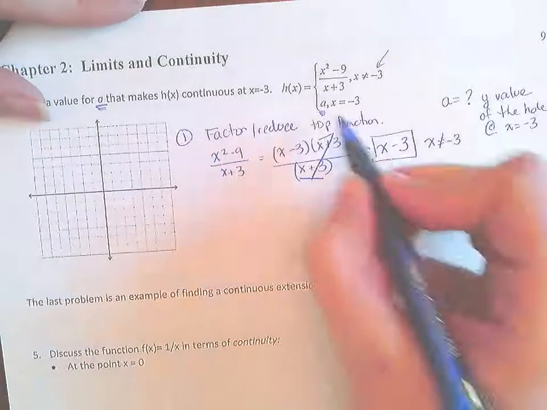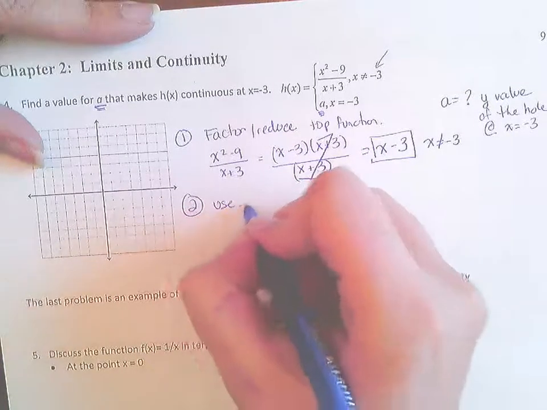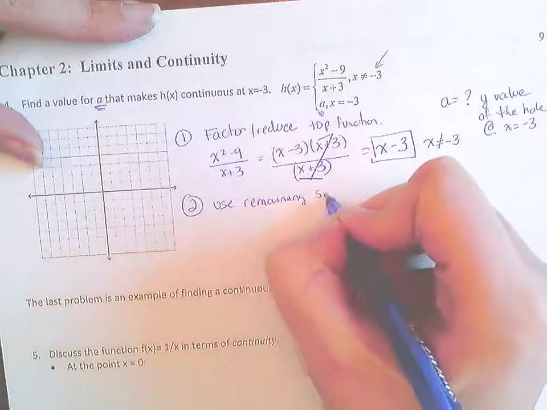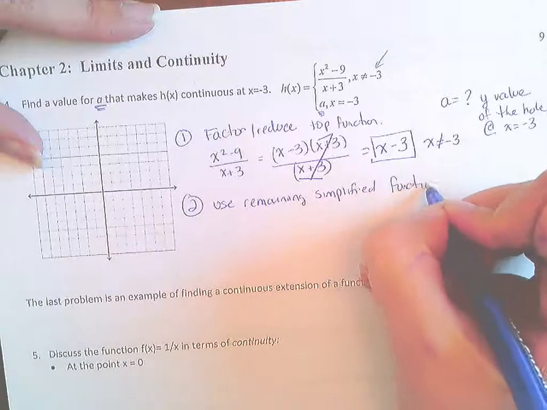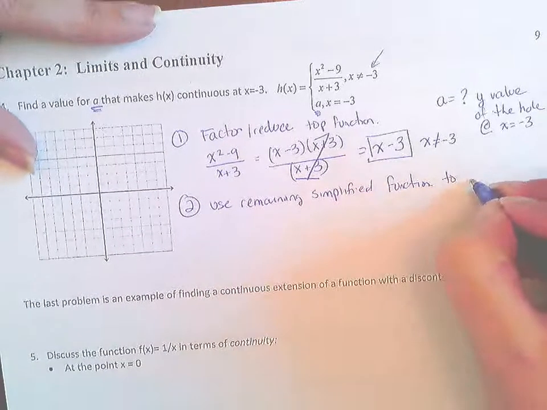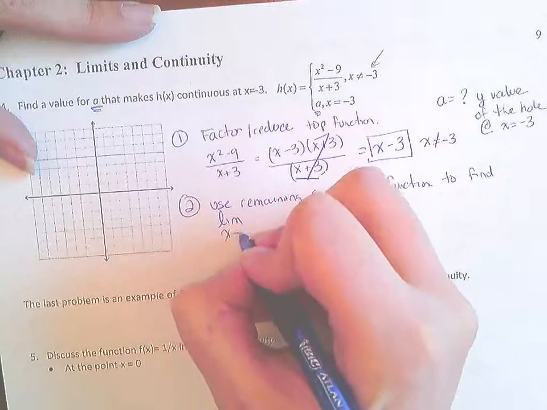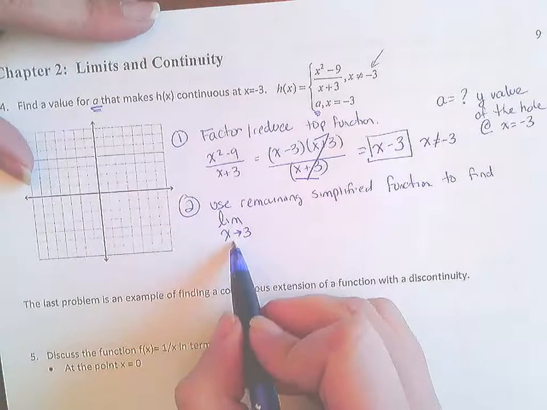So here's my function that I'm actually going to graph, but this is also the function I'm going to use to find my a. So step 2, use the remaining simplified function to find the limit as x approaches negative 3.